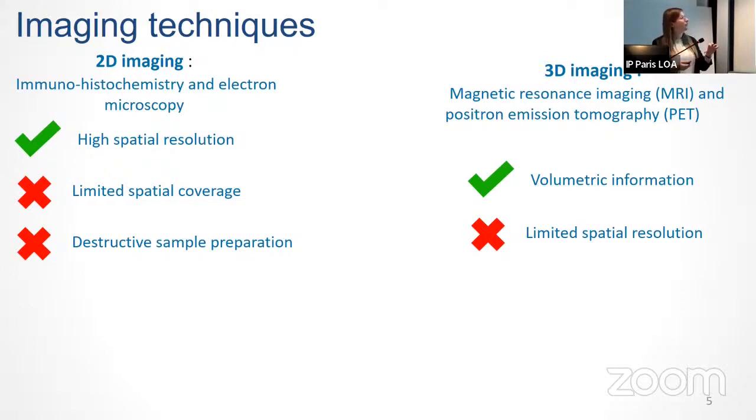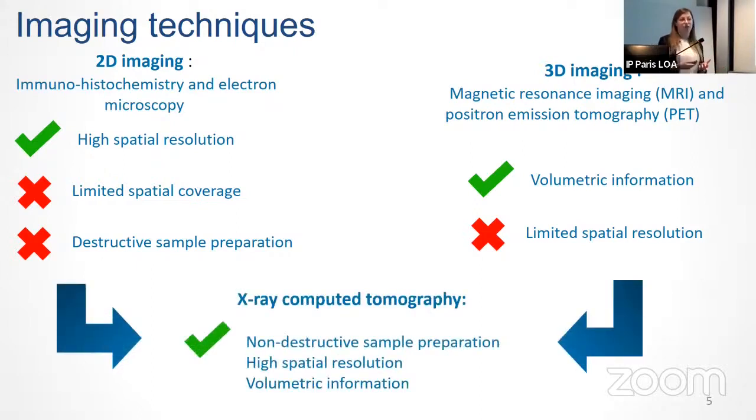On the other hand, the 3D imaging techniques give us volumetric information, but nowadays they lack in spatial resolution. So a nice combination of the two techniques is what we propose to use, X-ray computed tomography. We will use X-rays to visualize the sample in 3D and to give high spatial resolution inside the tissue.